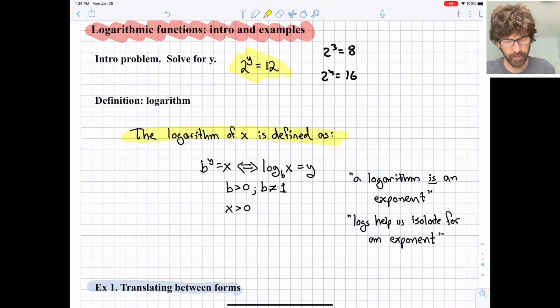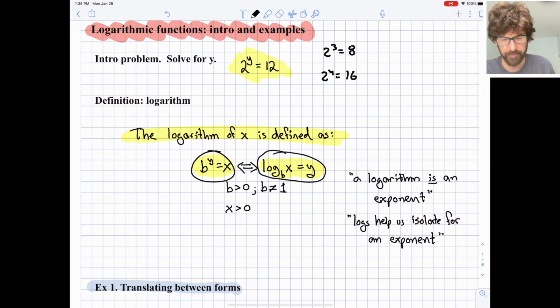If we have an equation of the form b to the y equals x, we could rewrite that in this form, log base b of x equals y. Okay, that's how I'm going to define logarithms here, as simply a rearrangement of an exponential equation. So those two equations that I'll circle right here are absolutely equivalent mathematical statements. They're just written in a different form.